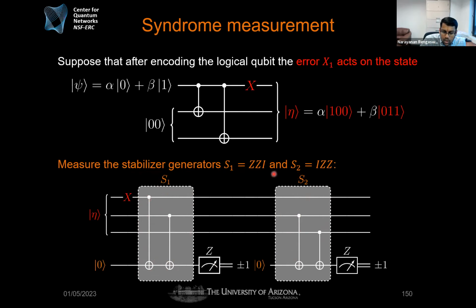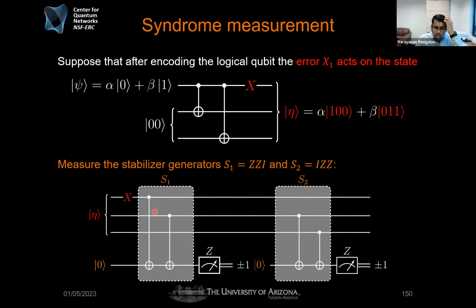And then because you have these ZZ stabilizers, you put a CNOT from the data qubit to the target, and similarly for Z on the second qubit. Then you only have identity on the third qubit, so you do nothing. So you have two CNOTs from data to target, where the target is initialized in the 0 state, and then you measure the target ancillary qubit.